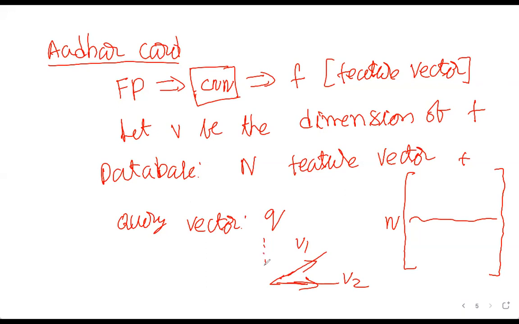If V1 is orthogonal to V2, the dot product is 0. So you take the dot product of Q with all the vectors and check which is the closest. You want to find the vector in the database closest to Q by computing the dot product. This is the problem that we have.